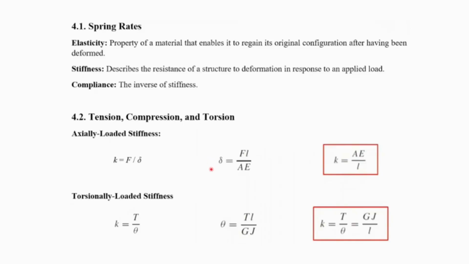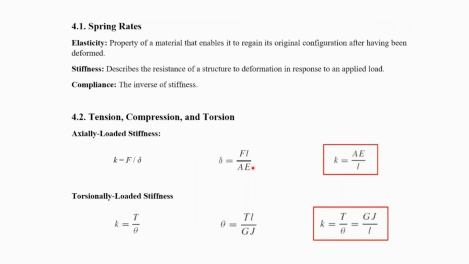And then we would like to calculate the axial deflection. Then we use this equation. F is the tensile force or the compressive force depending on its direction. L is the length of the structure. A is the corresponding cross-sectional area of the structure. And E represents the E modulus or modulus of elasticity or Young's modulus.